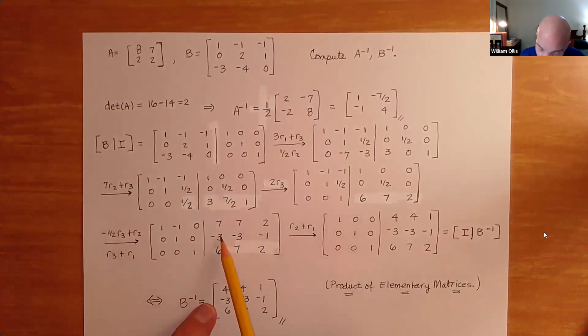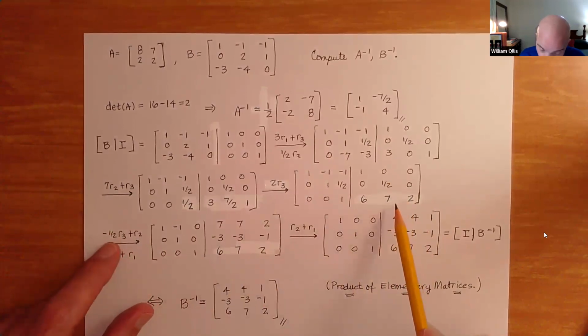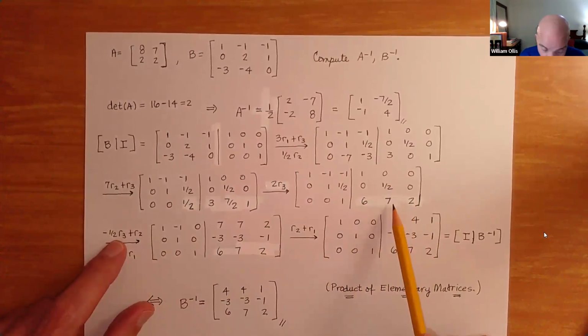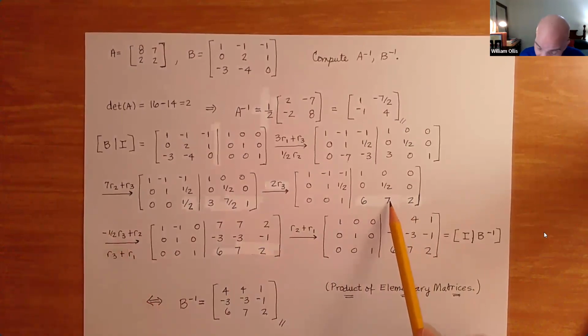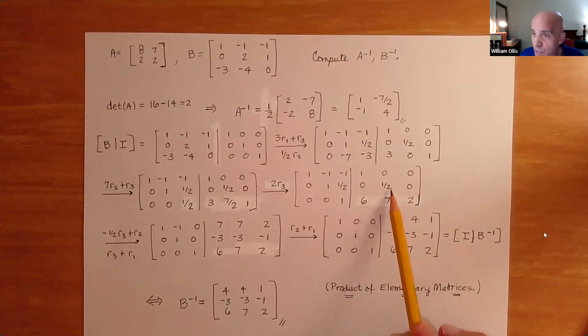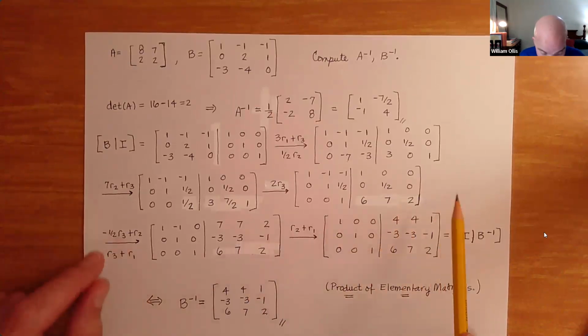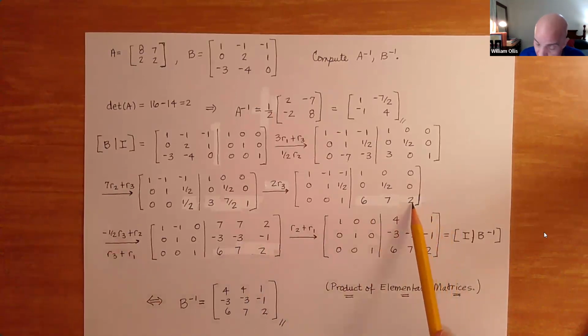So very good. And then now we have a -1/2 in this particular case times row 3. So that gives us a -7/2 that we have here, and then we add the 1/2. So that gives us a -6/2, which gives us a -3. Now, lastly, we have the -1/2 times the 2.